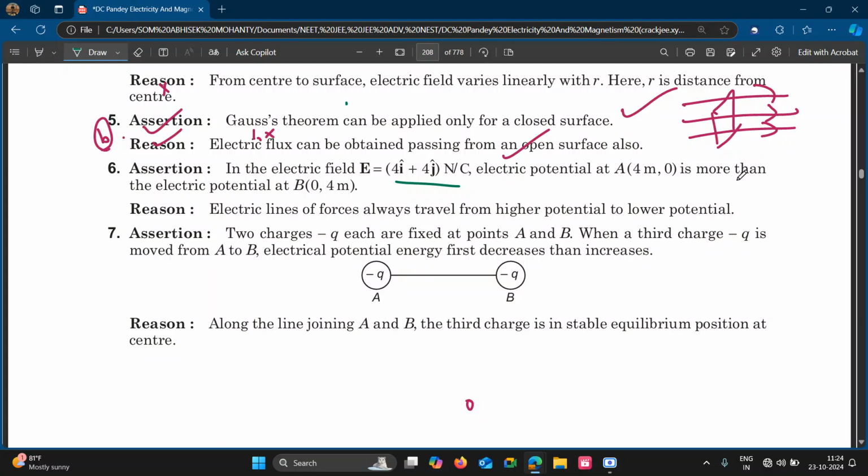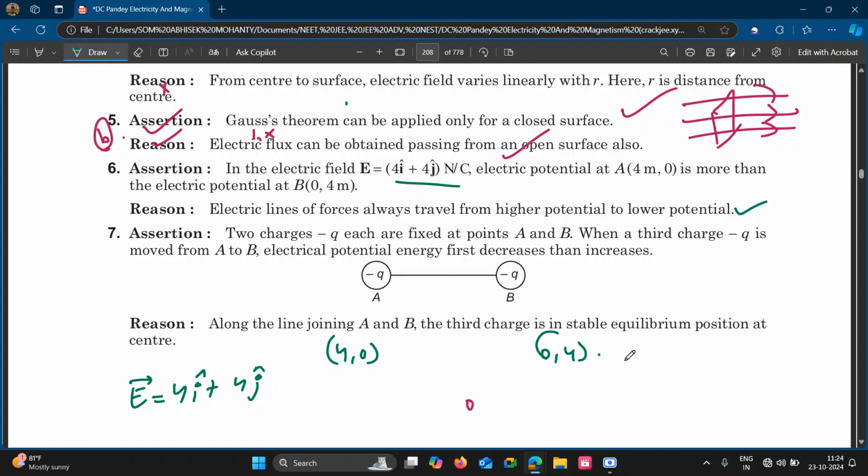The electric potential at this point is more than the electric potential at that point. Electric field lines are always traveling from high potential. This is correct, but let's check whether it's the correct expression or not. The electric field E is given as 4 i cap plus 4 j cap. The electric potential at the point (4, 0) is more than the potential at (0, 4).